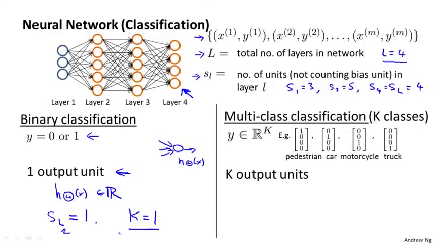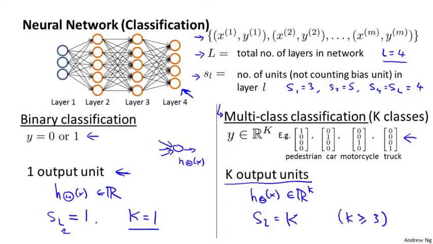The second type of classification problem we'll consider will be the multi-class classification problem, where we may have K distinct classes. So our early example had this representation for y if we had 4 classes, and in this case we would have capital K output units, and our hypothesis will output vectors that are K-dimensional, and the number of output units will be equal to K. And usually we would have K greater than or equal to 3 in this case, because if we had 2 classes, then we don't need to use the one-versus-all method.